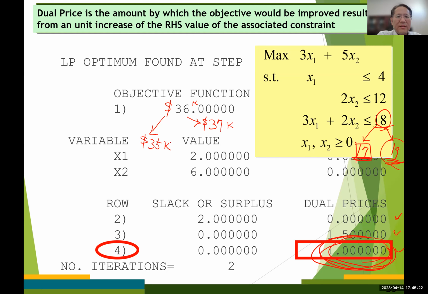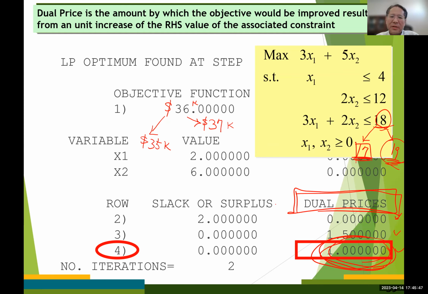However, one very important thing, this dual price is valid only if the corresponding right-hand side value changes within the allowable ranges, okay? This is quite important, so keep in mind that.